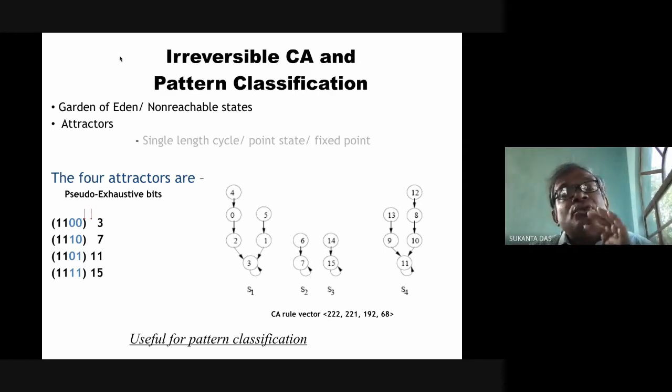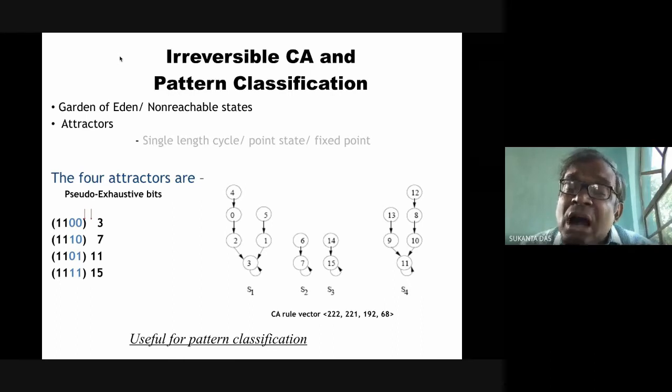If you have this kind of structure in a cellular automaton, then that cellular automaton can be used to classify patterns. Therefore, cellular automata can be used as a machine here.